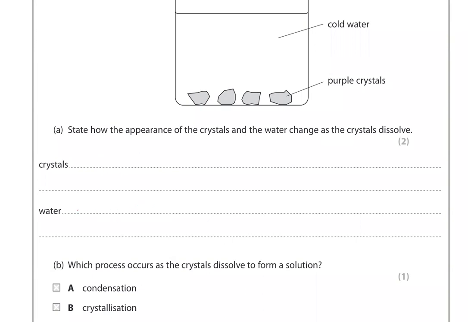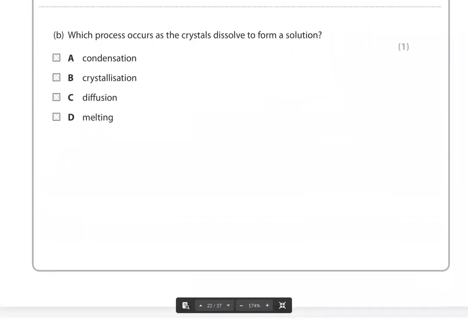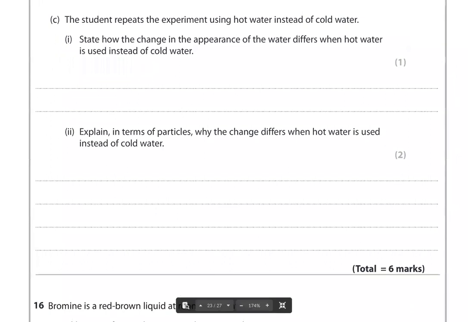Question B. Which process occurs as the crystals dissolve to form a solution? Condensation, no. Crystallization, no. Melting, no. After the crystals dissolve, diffusion happens. The student repeats the experiment using hot water instead of cold water.